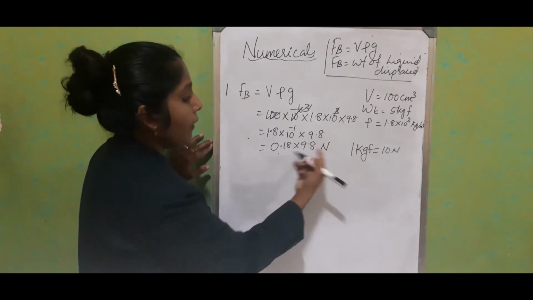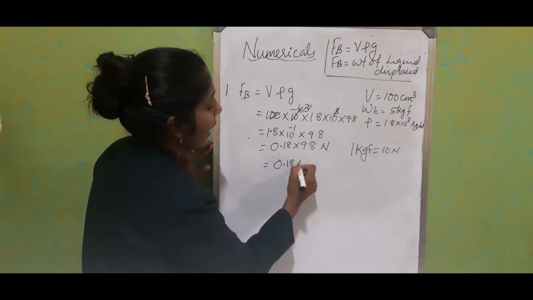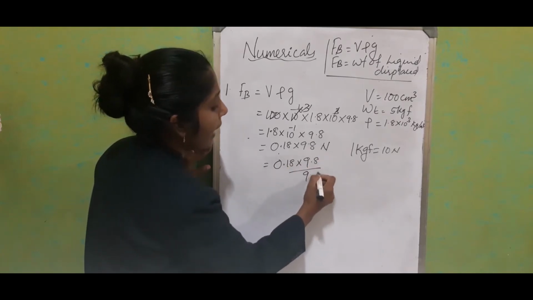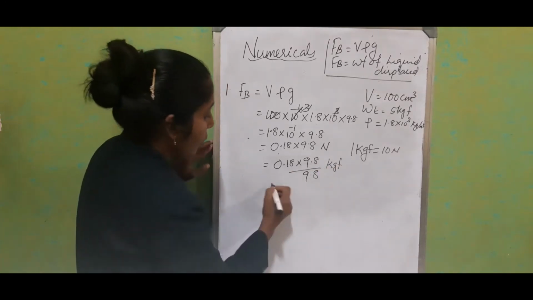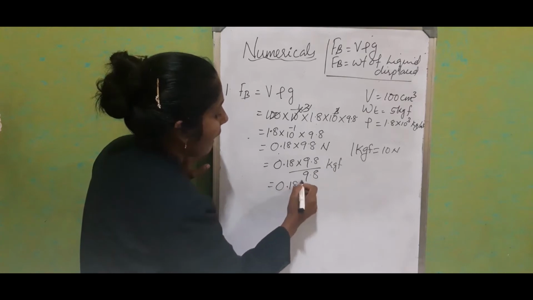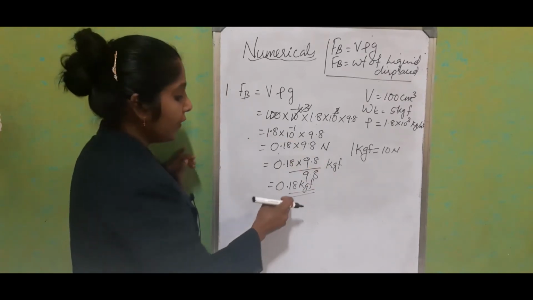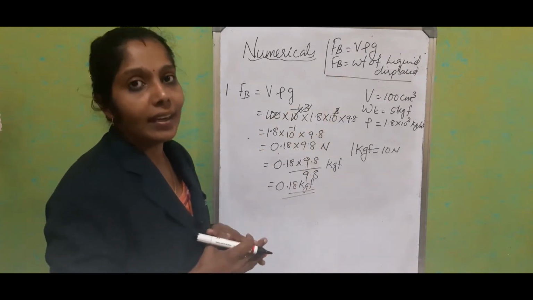So if we want to convert this into kilogram force, we have to write it as 0.18 into 9.8 divided by 9.8. This will give you kilogram force. So we will get 0.18 kilogram force as the upthrust. We have converted into kilogram force to find out the weight of the liquid displaced.